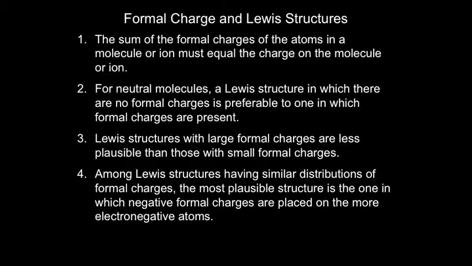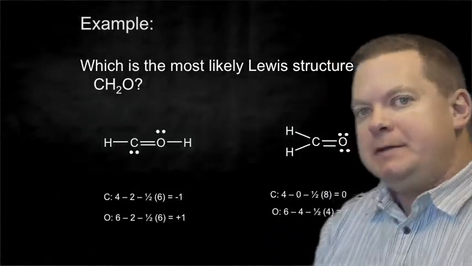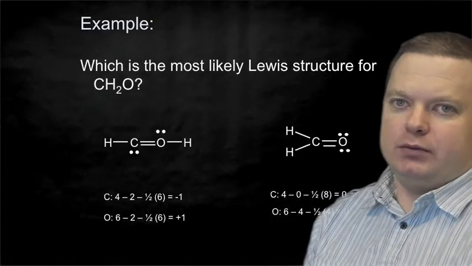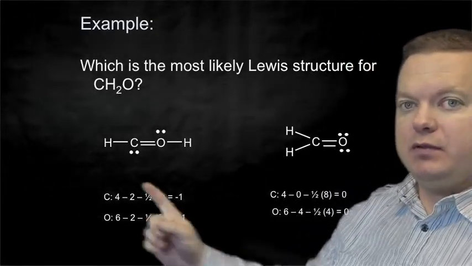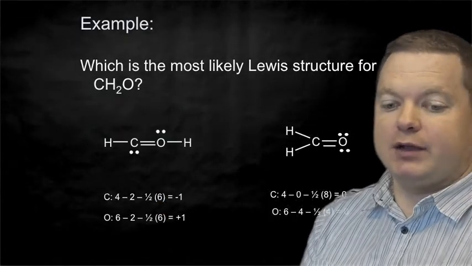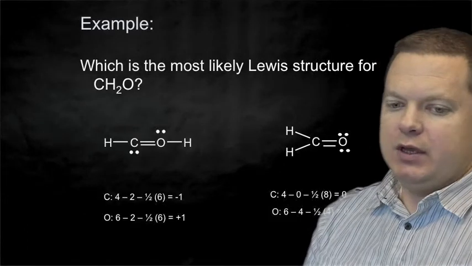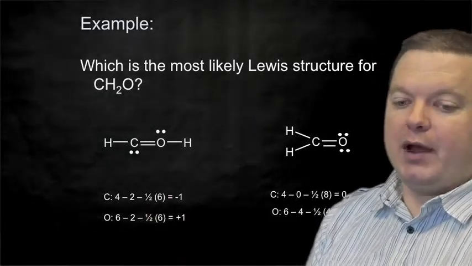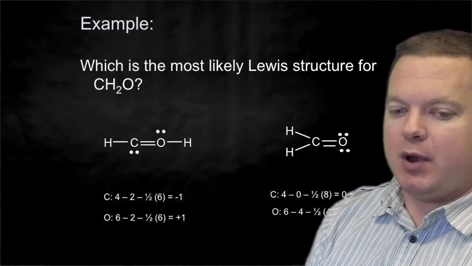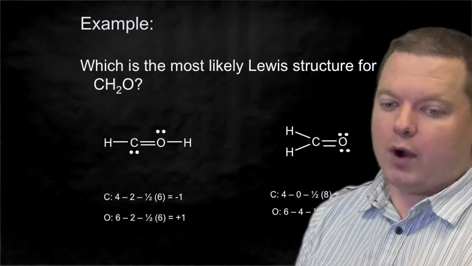So let's go back to our example here, the formaldehyde. Which one of these two structures is going to be the preferred structure? To answer this, we're going to look at those formal charges, specifically the formal charges of oxygen and carbon. If we look at this first structure, where we have the carbon double bound to the oxygen and then the hydrogen separated, the carbon there has a number of valence electrons of 4.